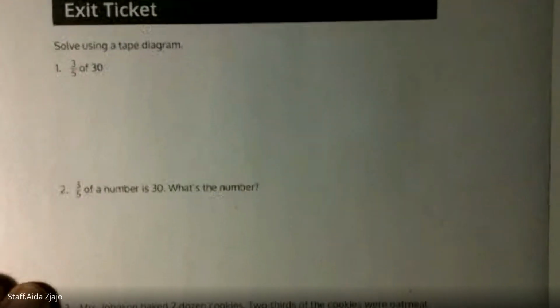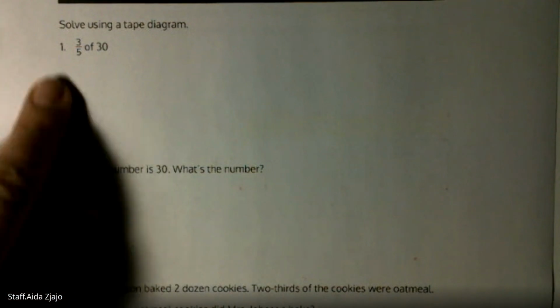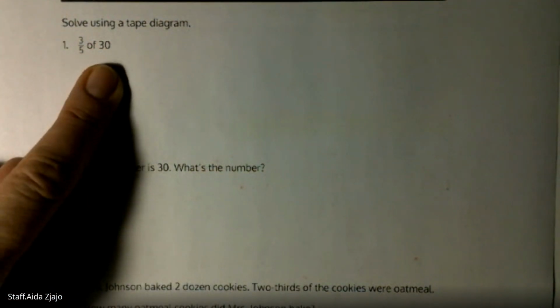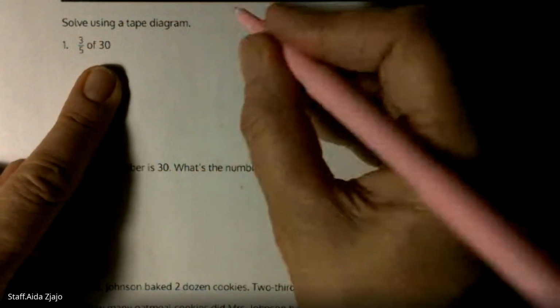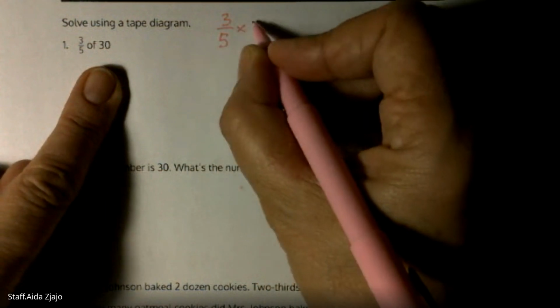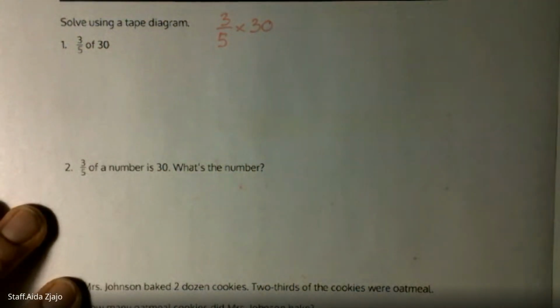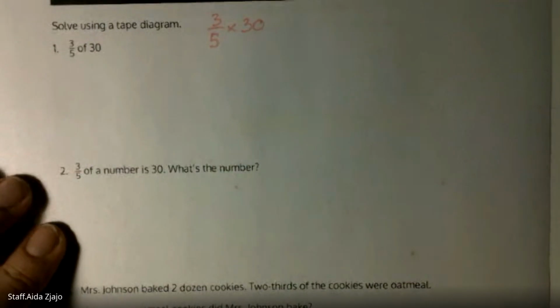Okay, so it says solve using the tape diagram. 3/5 of 30. So what that means is we need to know what 3/5 times 30 is, or 3/5 of 30.